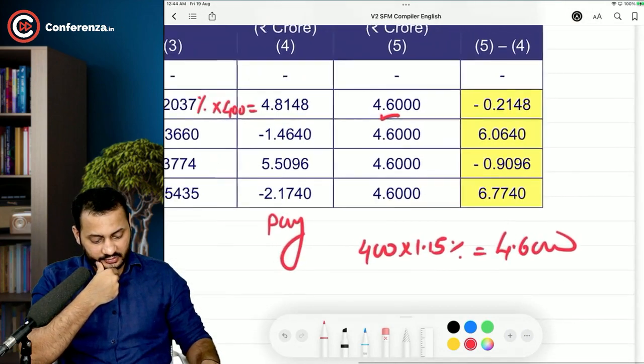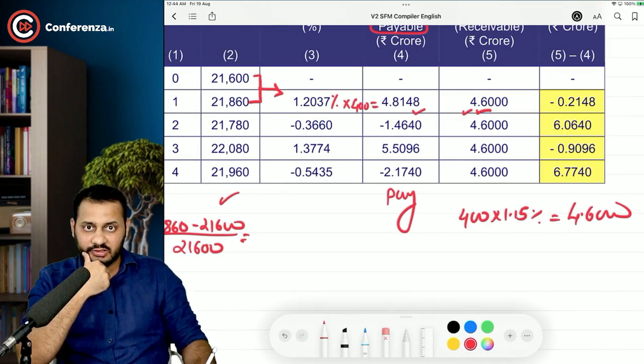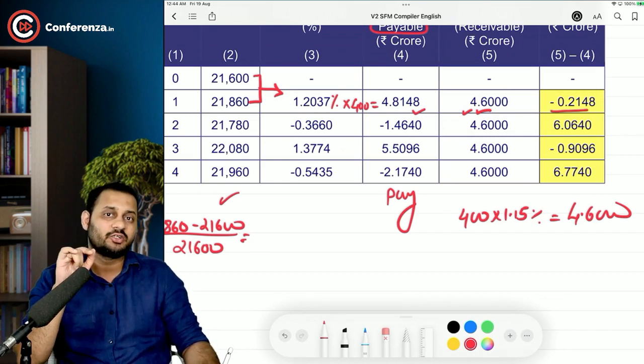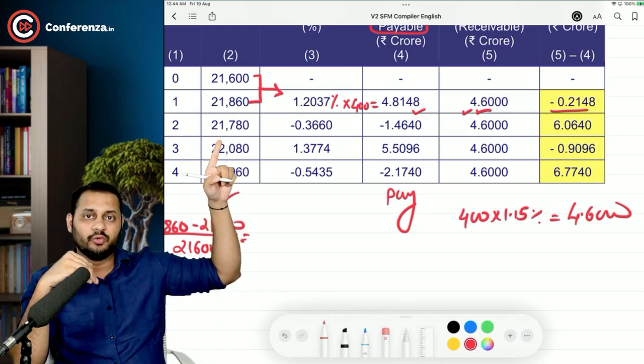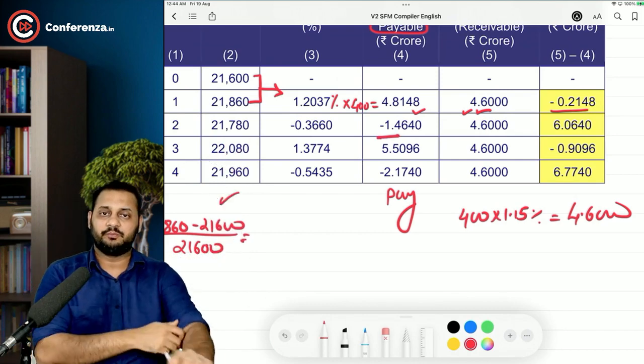Now understand. So we will pay this and we will receive this. So net is the payment in this case because we are paying more. 4.8 crore is the payment, 4.6 crore is the receipt. But what happened in the second case? Sensex went down. There is a loss in Sensex and we will pay loss to them.